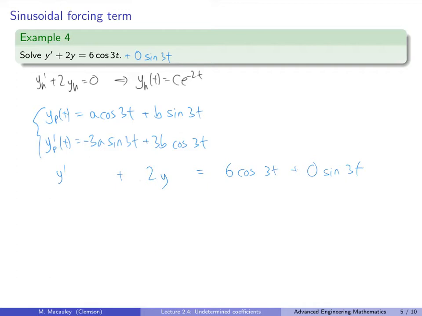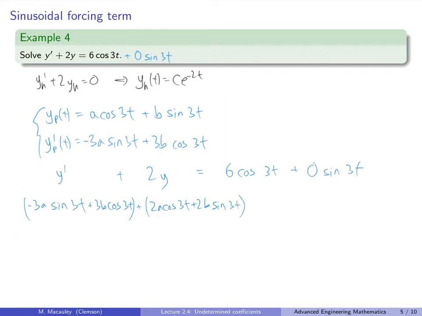So y prime is minus 3a sine of 3t plus 3b cosine of 3t. That's y prime. 2y is 2a cosine of 3t plus 2b sine of 3t.